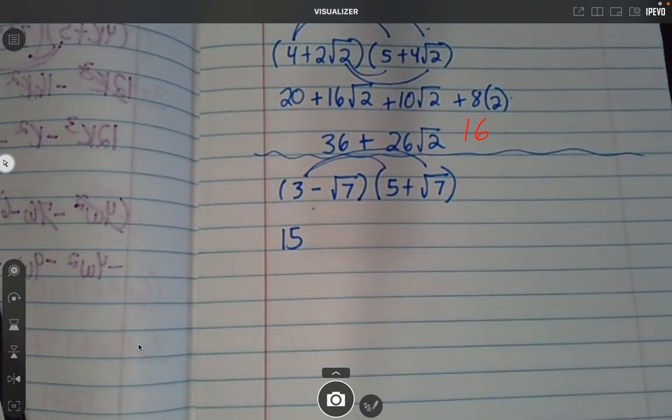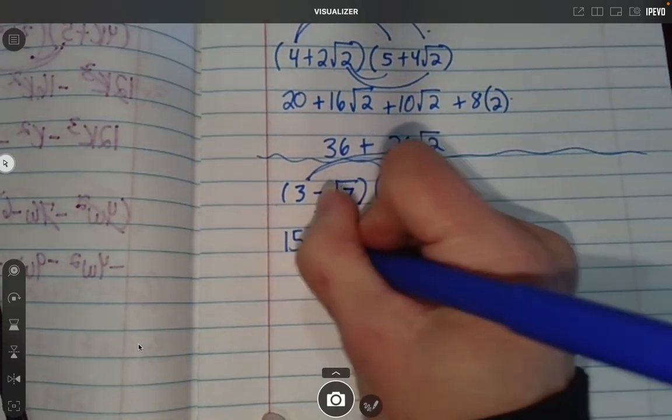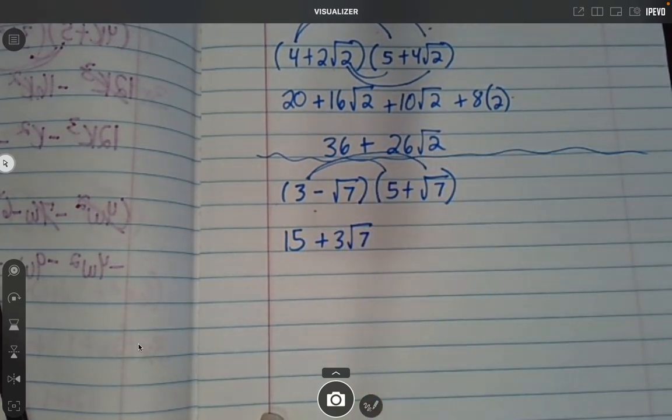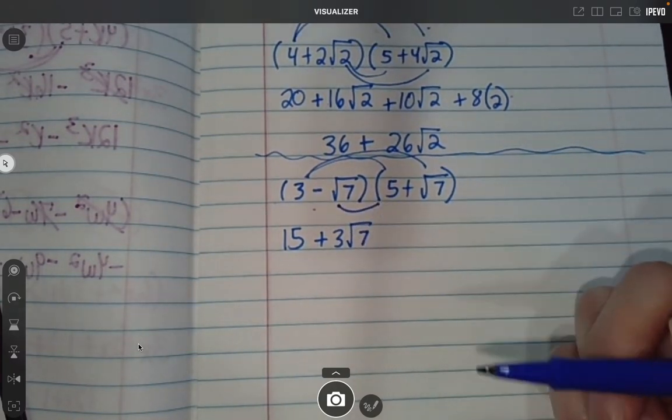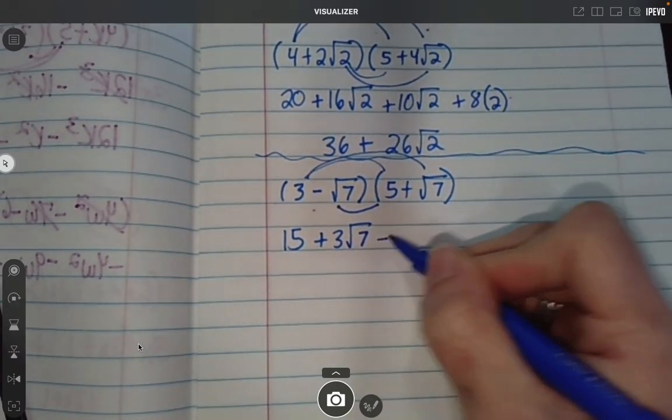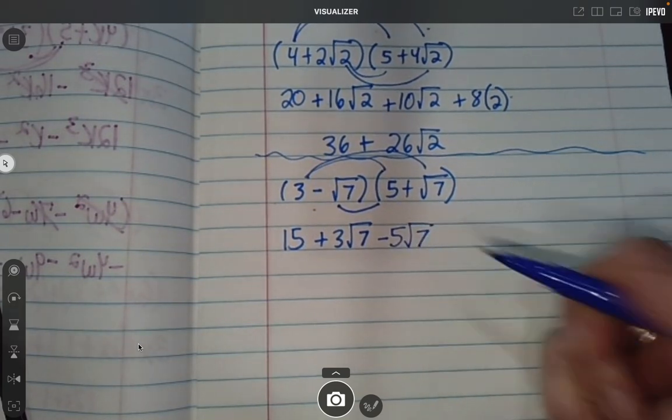It's just 3 square root of 7. So I'm going to write 3 square root of 7. Is everybody okay with that? All right, now we'll go to the next one. Negative square root of 7 times 5. Negative 5 square root of 7.